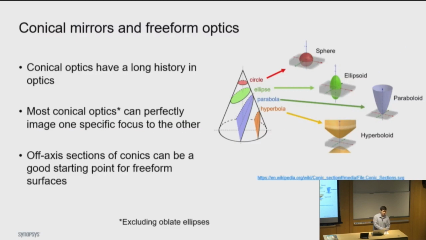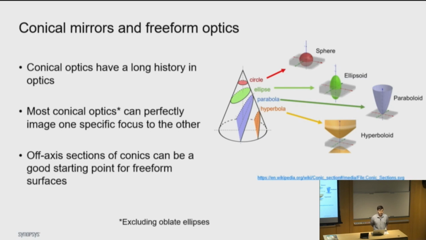Conic optics are optical surfaces that are based on conic sections. So these are your spheres, your ellipses, your parabolas, and your hyperbolas. Conic optics have a long history in optics in general, and they have a lot of useful properties. One property that's particularly relevant today is that most conic optics can perfectly image one specific focus to the other focus.